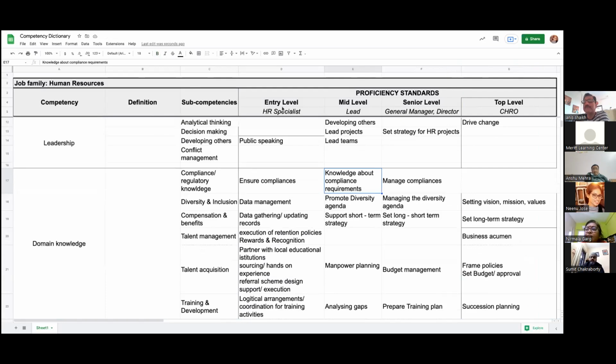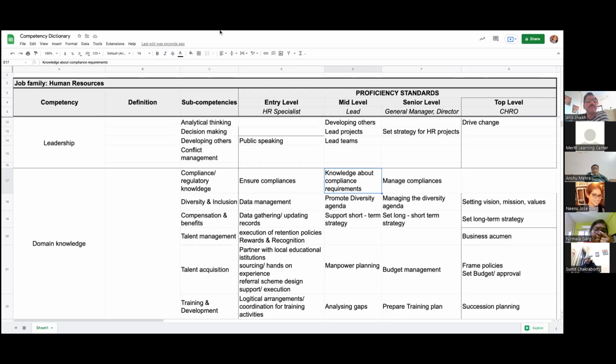Leadership is incomplete. The thought procedure of the team is that once we are talking about the competency of leadership, these are the sub competencies we mapped: analytical thinking, decision making, developing others, and conflict management.